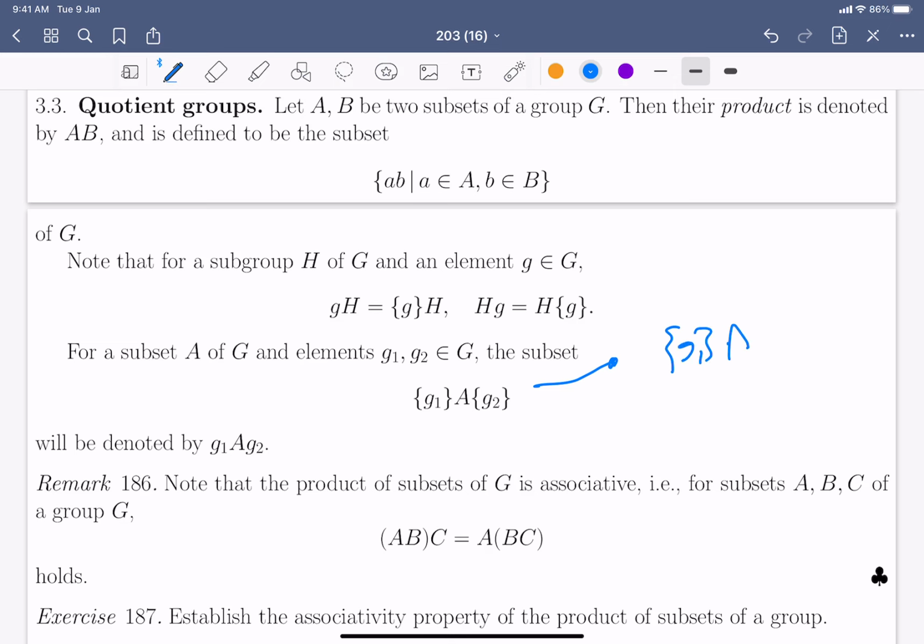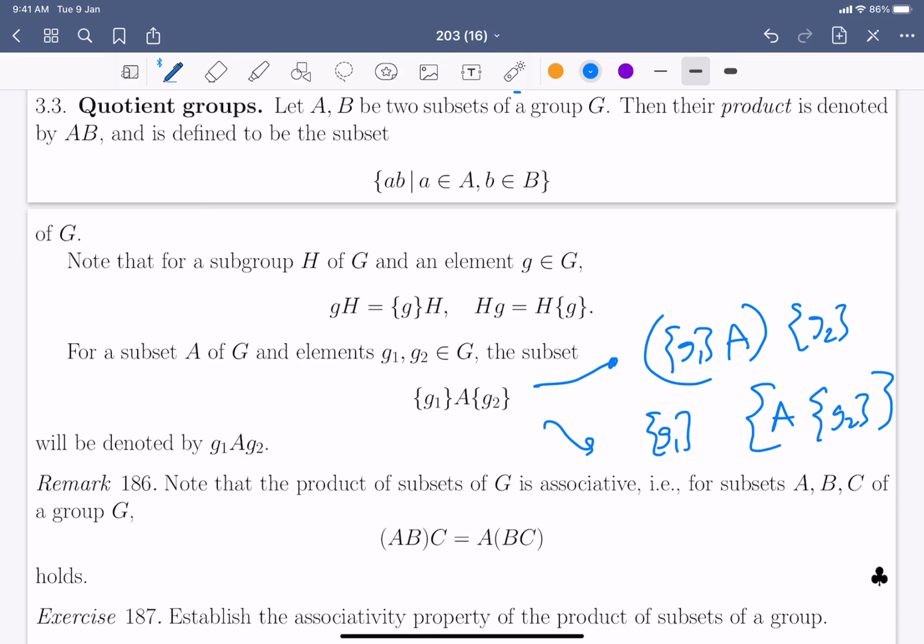First you take the product of the first two, and then you take the product of this product and this one. And of course the other interpretation: you first look at the product of the last two, and then you take the product of the first one with the product of the last two that you obtained.